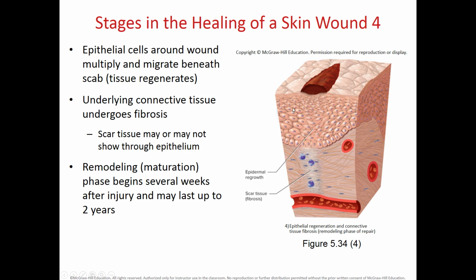And as this is happening, the underlying tissue also undergoes remodeling that begins several weeks after the initial injury and may last up to 2 years, so that instead of this fibrosis or hard tissue that sometimes you can feel in your scar, eventually with time you will have a soft tissue that has the same consistency as the area before it was wounded.